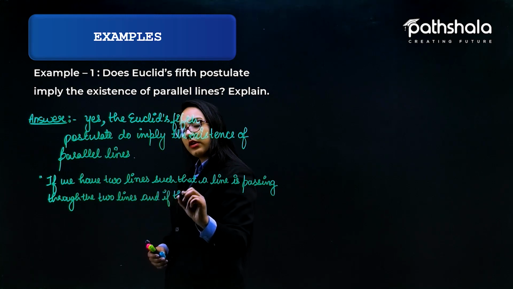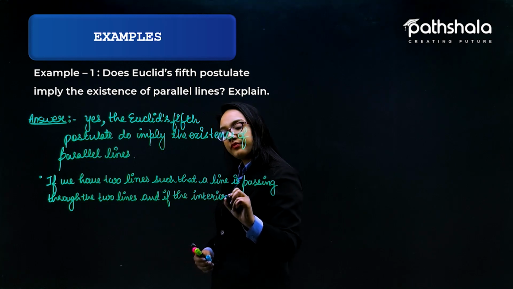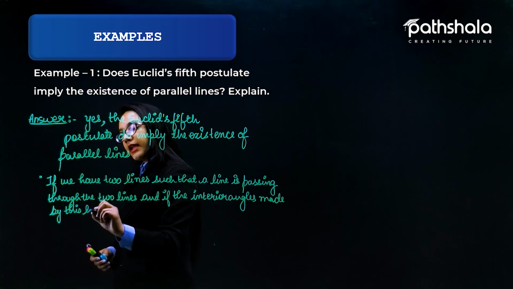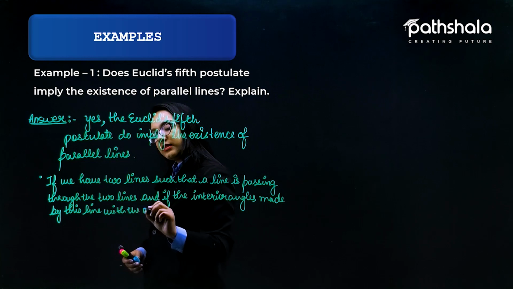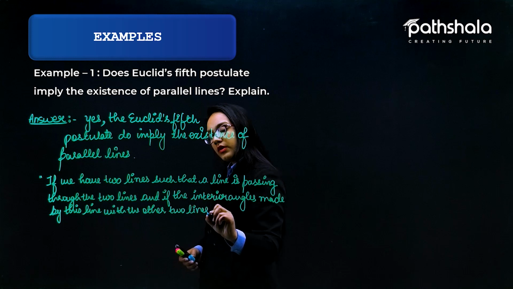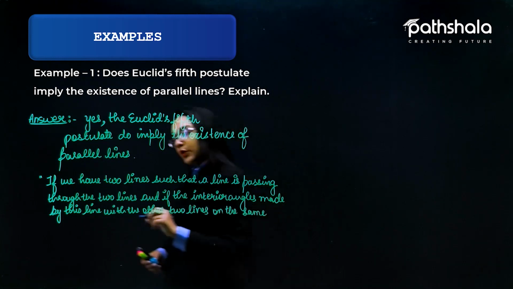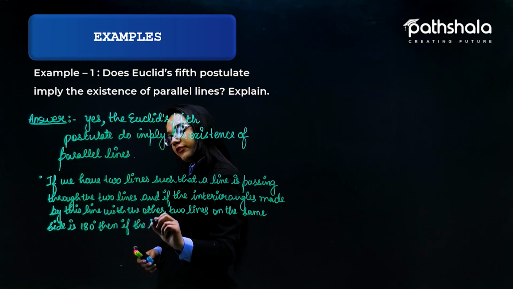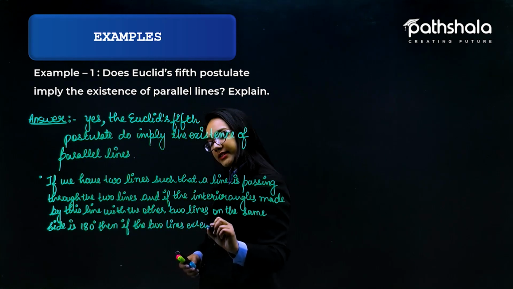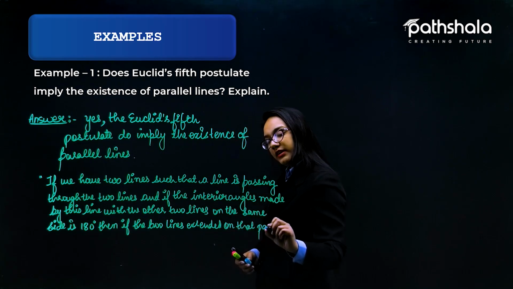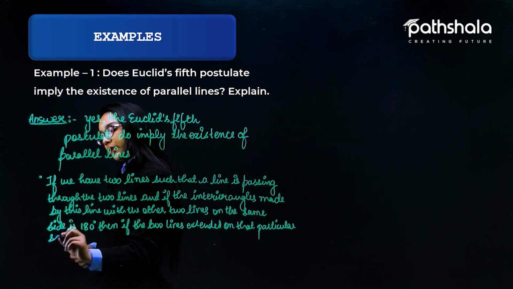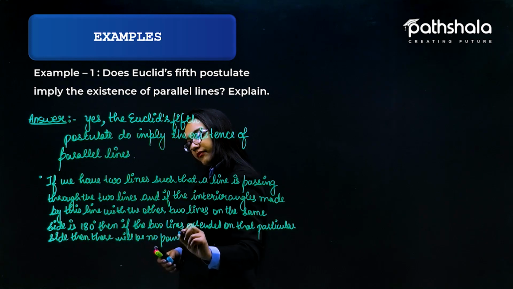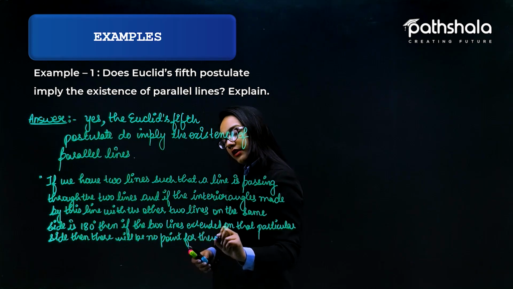and if the interior angles made by this line with the other two lines on the same side is 180 degrees, then if the two lines are extended on that particular side, there will be no point for their intersection.